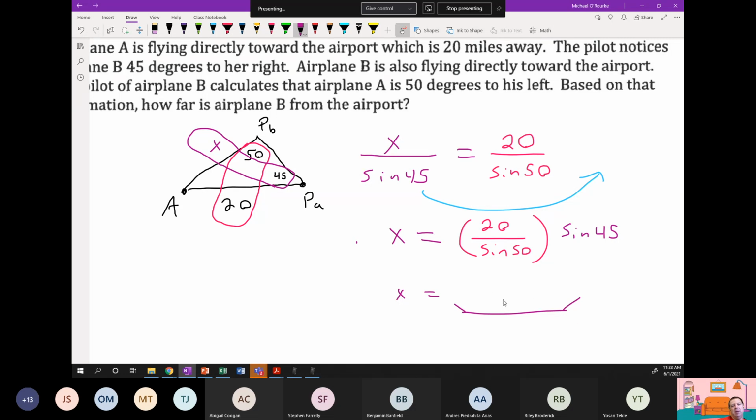Put a D in chat when you think you have that answer for me. And one decimal place for me.